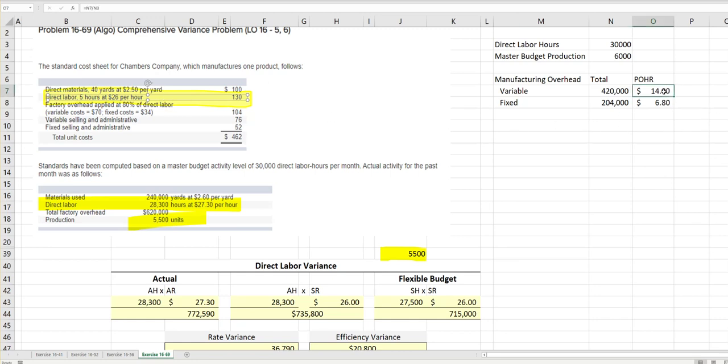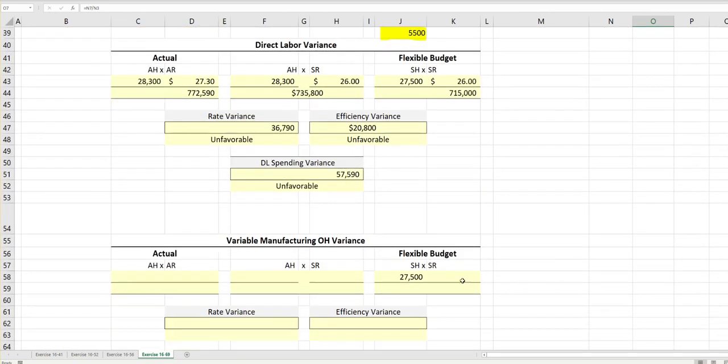A variable manufacturing predetermined overhead rate of $14 per hour, and of course our actual overhead of $620. So variable $14 per hour. We would have expected to spend 27,500 times 14.